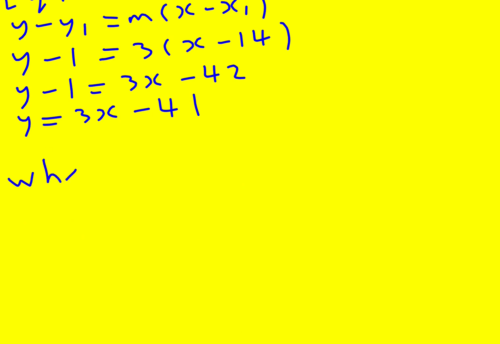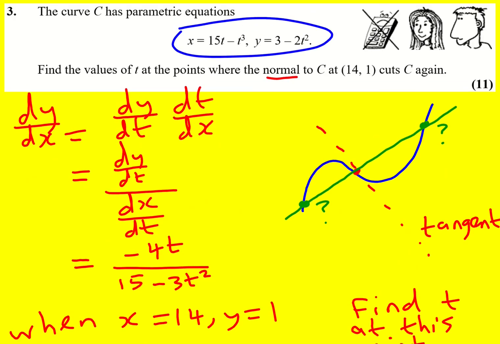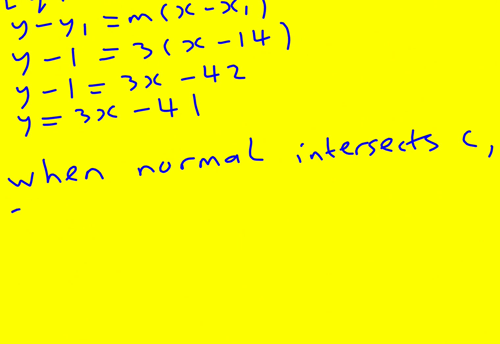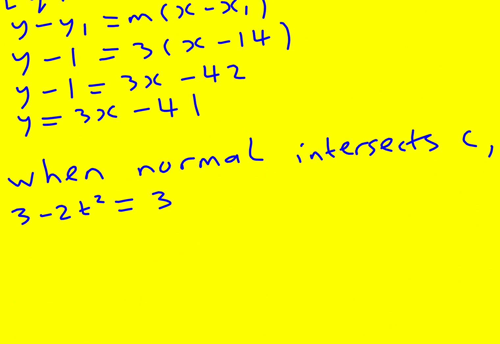So when the normal intersects C, I've got 3 minus 2t squared is equal to 3 lots of x, which is 15t minus t cubed, minus 41.